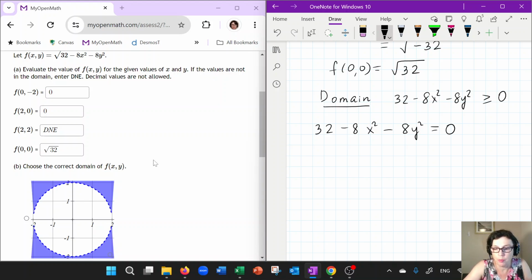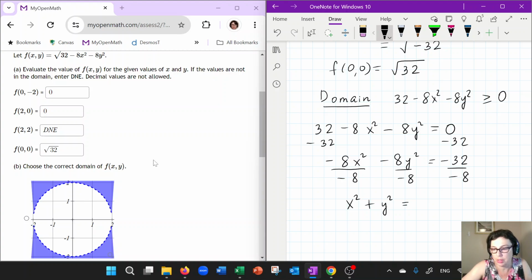If we subtract 32 from both sides, we get negative 8x squared minus 8y squared equals negative 32. Then we divide everything by negative 8, and that allows us to write x squared plus y squared equals 32 over 8, which is 4. Hopefully you recognize that this is a circle of radius 2.